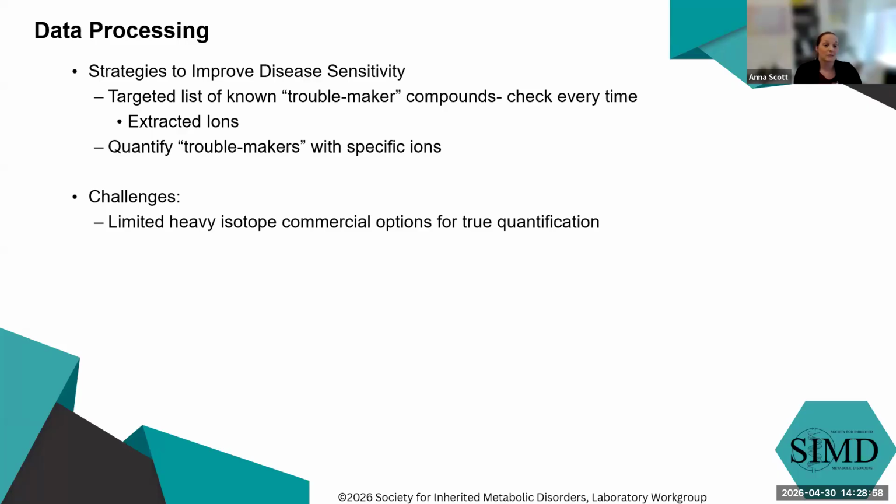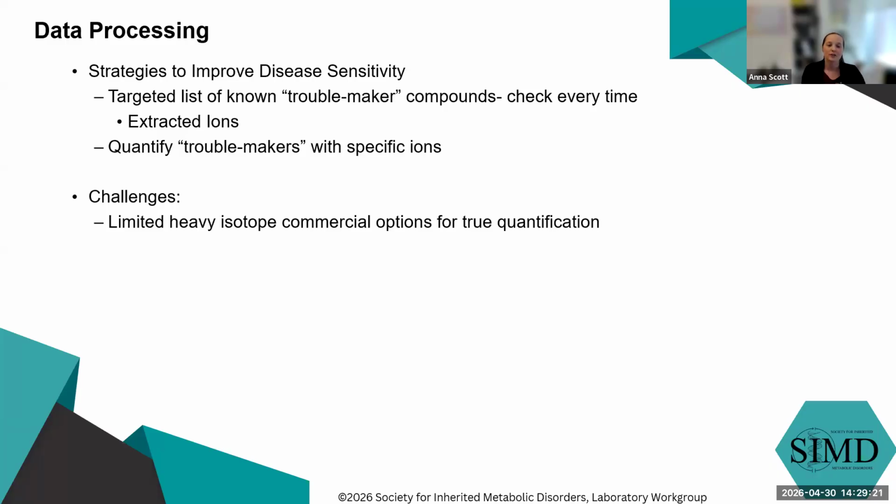My team does a combination of, we have a little macro that looks for the troublemakers, but it is also manually inspected. One strategy can be that you're semi-quantifying those troublemakers every time to make sure that you're looking really carefully at those areas of the profile where you know things can be sneaky.